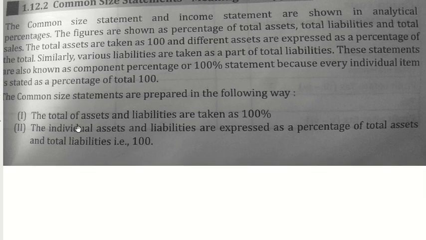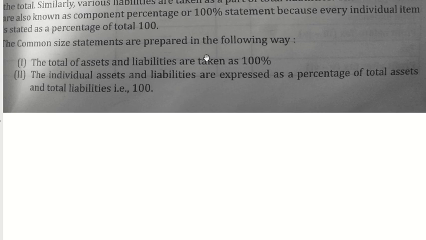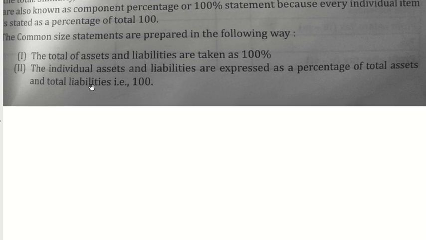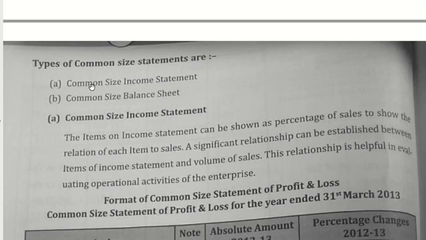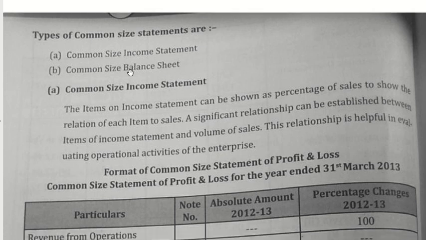So the common size statements are prepared in the following way. The total of assets and liabilities is taken as 100%. The individual assets and liabilities are expressed as a percentage of total assets and liabilities. Under that we basically have two kinds of statement: the common size income statement and the common size balance sheet.